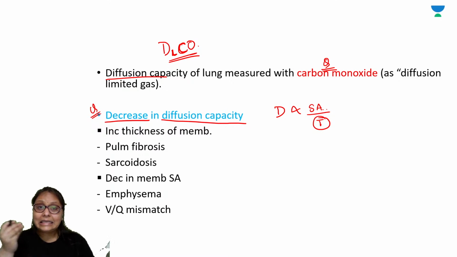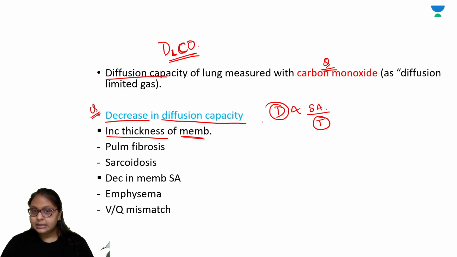So any disease which increases the thickness of the membrane, diffusion will decrease. ठीक है, तो increase in the thickness of the membrane as seen in pulmonary fibrosis, as seen in sarcoidosis, there is decrease in the diffusion of gases. Okay, there is decrease in the diffusion of oxygen from the alveoli to the pulmonary capillaries.